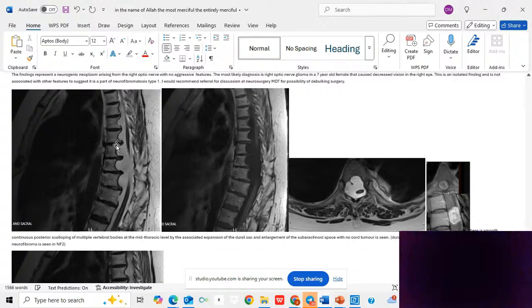Here, there is posterior vertebral scalloping. It's caused by the enlarged or the expanded dural sac, and the expanded dural sac is caused by the enlargement of the subarachnoid space.